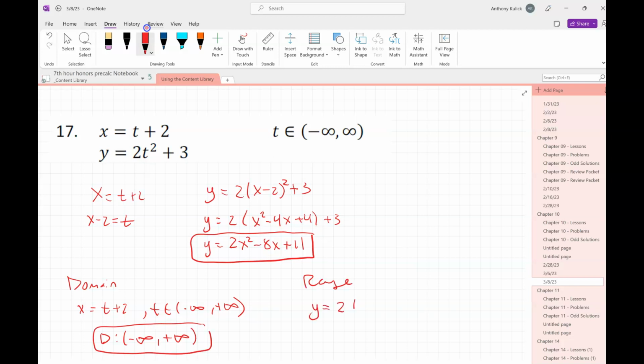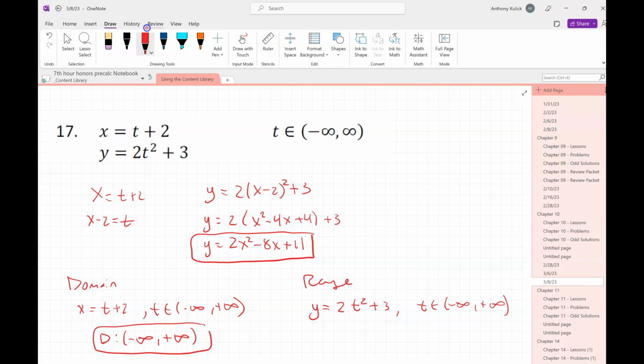The range is going to come from the y coordinate, or the y function. I recognize the y equation is a quadratic. Now, for a quadratic equation, the outputs are not going to be all real numbers, even if the inputs are all real numbers.